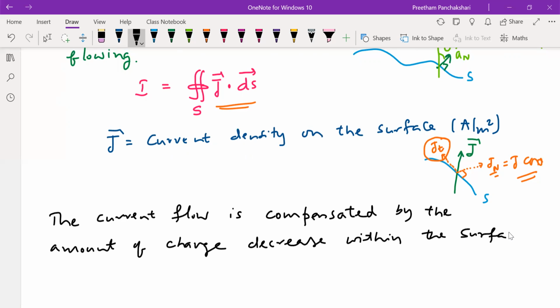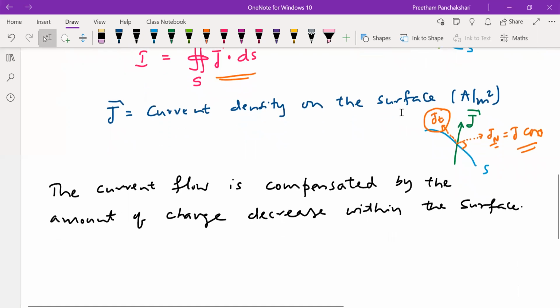This is the qualitative statement. Current flowing out means charges are moving out. Current means the rate of flow of charge with respect to time. If current is the rate of flow of charges with respect to time, then inside the surface it should be compensated by the rate of decrease of charge.